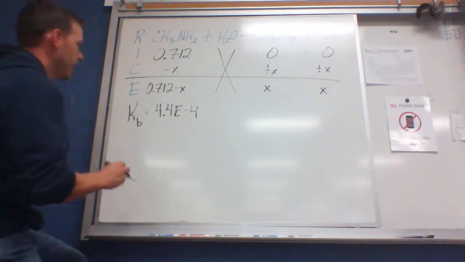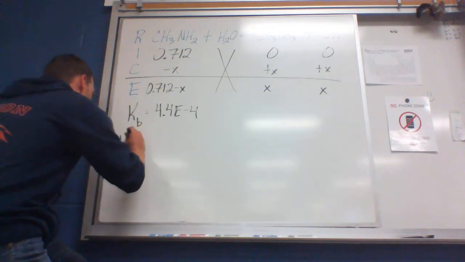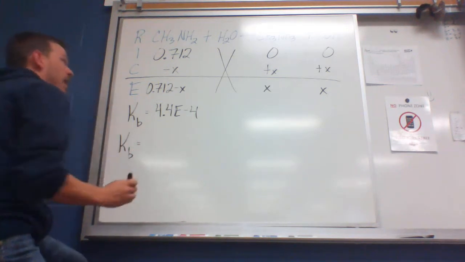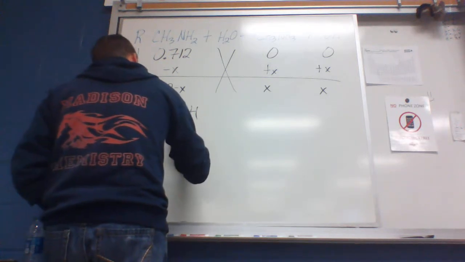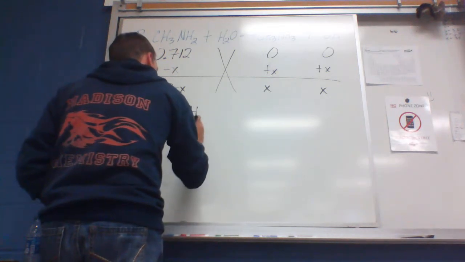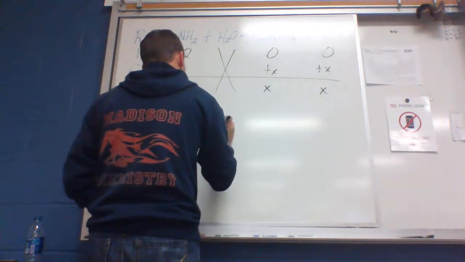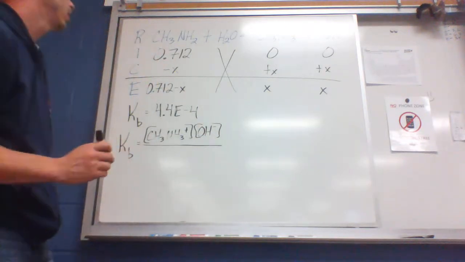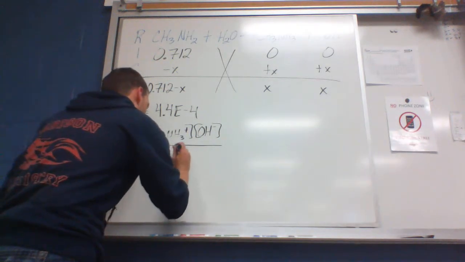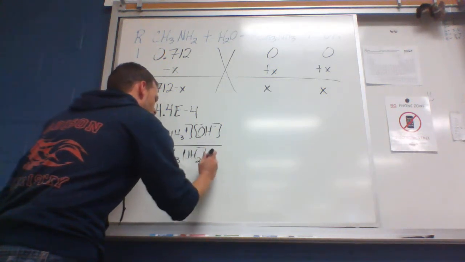So we can prepare our unsubstituted equation by saying that KB is going to equal the CH3NH3 plus times the OH minus, the hydroxide, and that'll be over the CH3NH2 concentration.